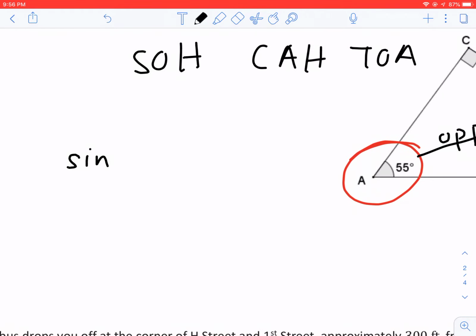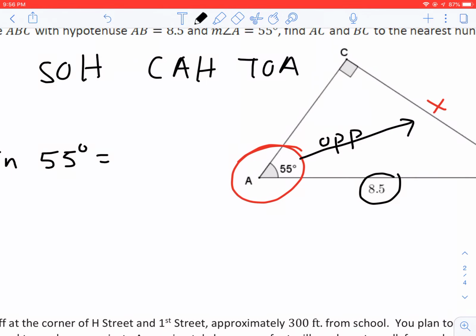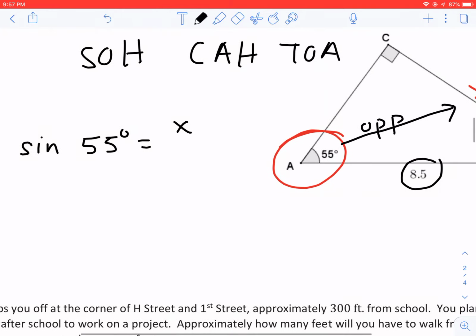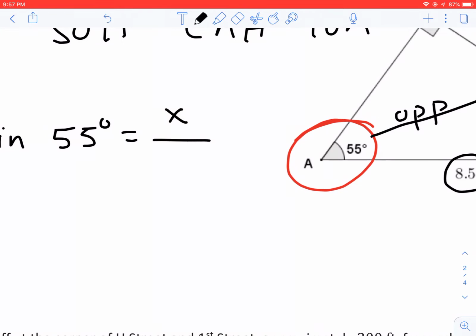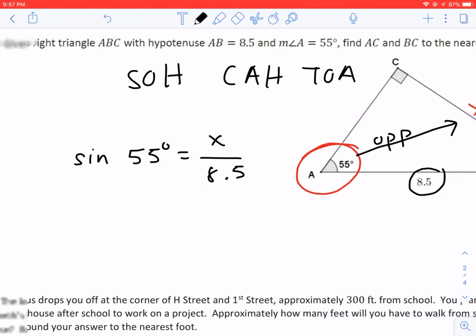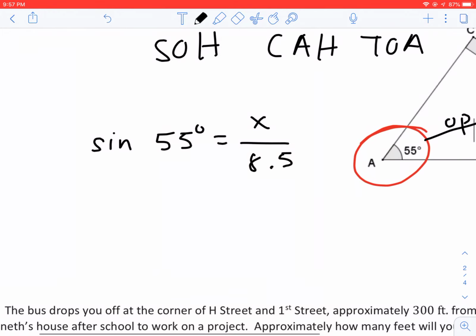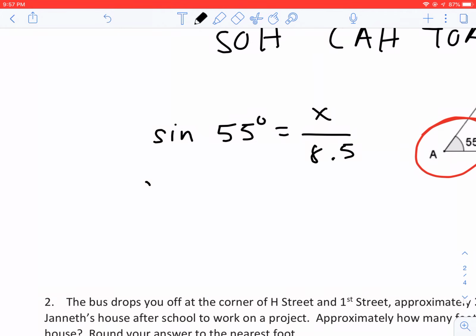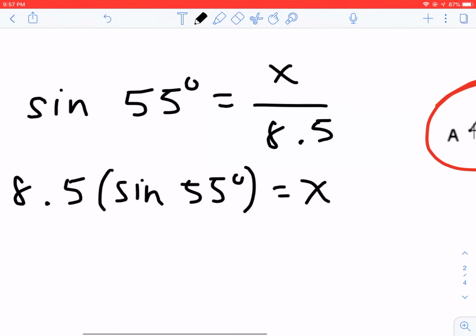So I can say sine of angle A, or 55 degrees, is equal to opposite x over the hypotenuse 8.5. Solving for x here, I just need to multiply both sides by 8.5. So 8.5 times sine of 55 degrees is equal to x. Well, what is sine of 55?